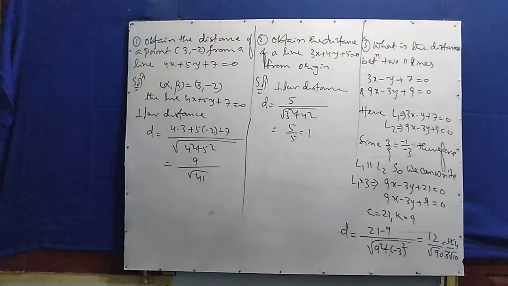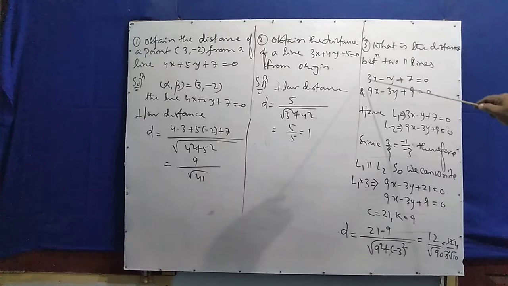Here is another format: the distance between two parallel lines. First of all, we have to know whether these are parallel lines or not. Look at the first line, represent it as L1, and the second line as L2. How do you know these two lines are parallel to each other?